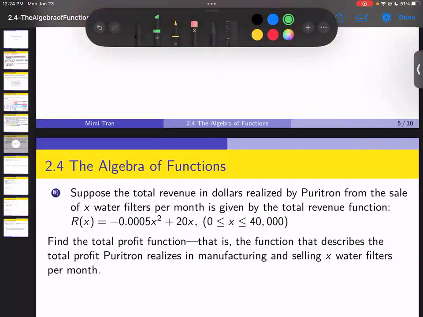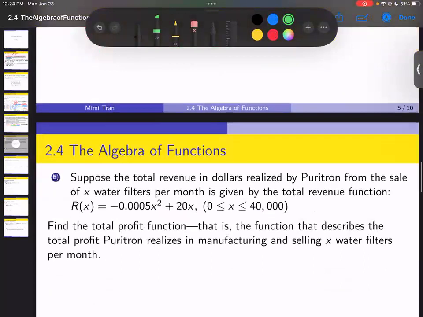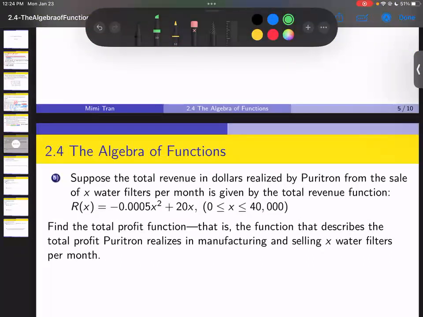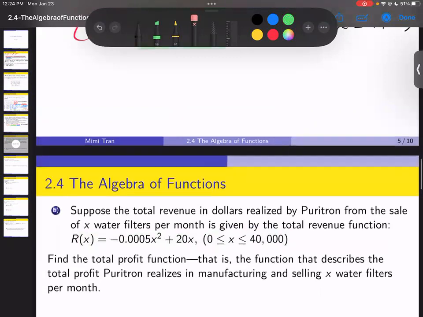Suppose the total revenue in dollars realized by Puritron from the sale of x water filters per month is given by the total revenue function. Can someone tell me what revenue means? Yeah, how much money you bring in, before the cost. You business people, you know. So revenue means how much you bring in, before the cost and everything, just how much you make.